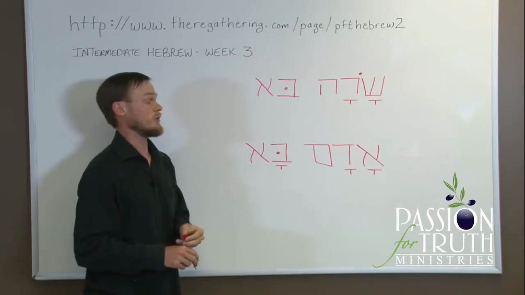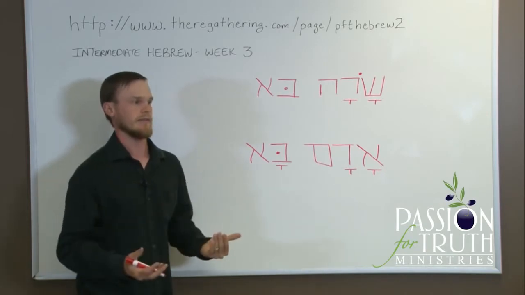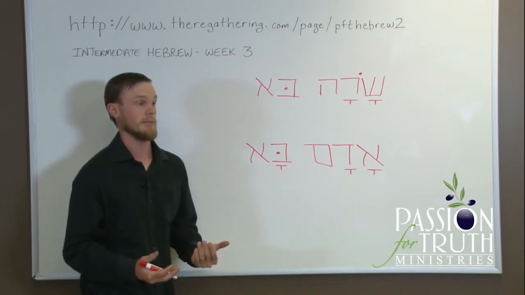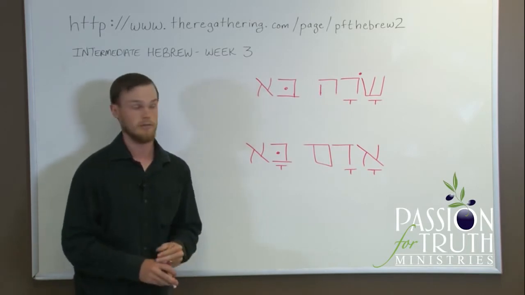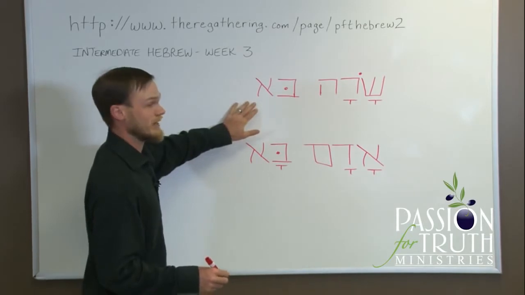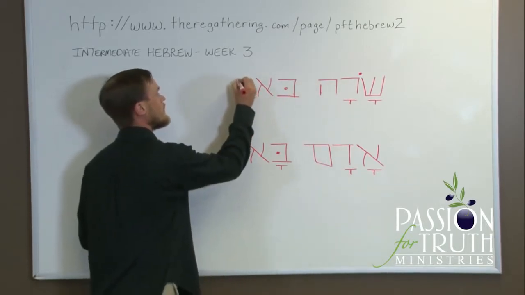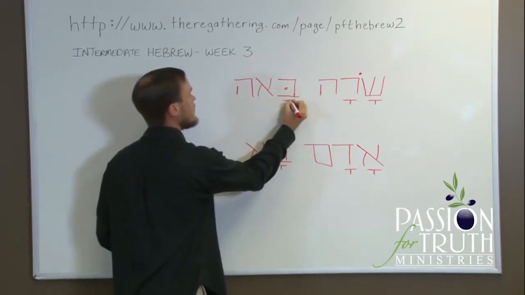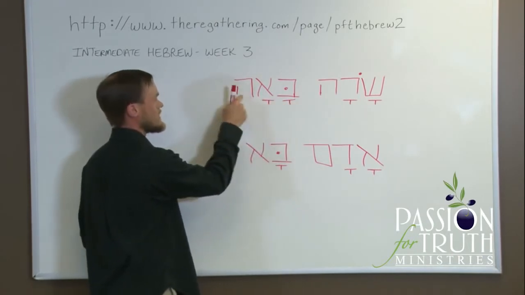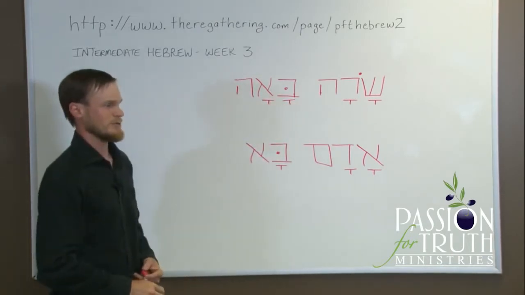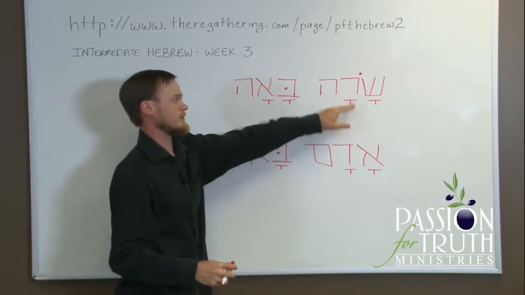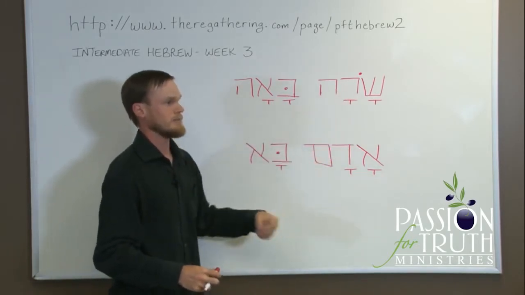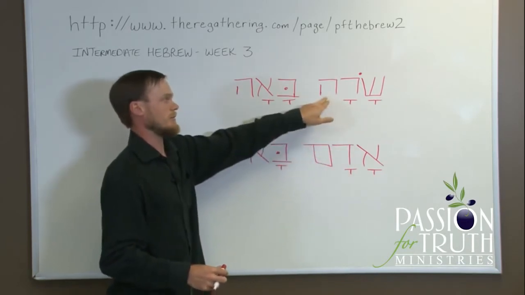I want to introduce this, though, to introduce the idea that we have to use a feminine verb to accompany a feminine subject. We have to use a masculine verb to accompany a masculine subject. Okay? So for this verb to make it feminine, we add a hey. Okay, the same thing we add to make a noun feminine. More often than not, Sarah is a feminine name. A lot of feminine names, not all, but a lot end in hey.